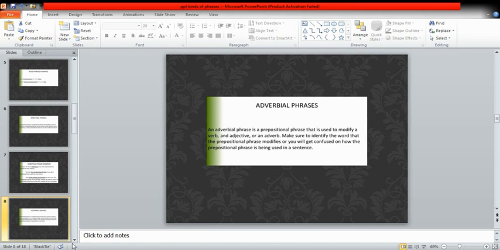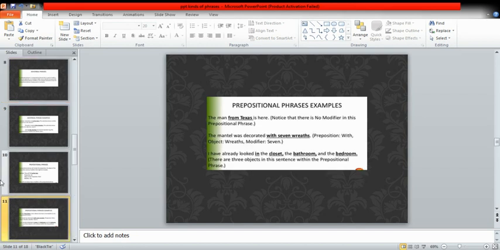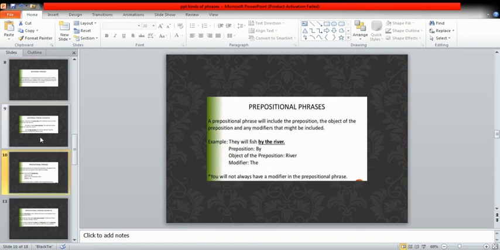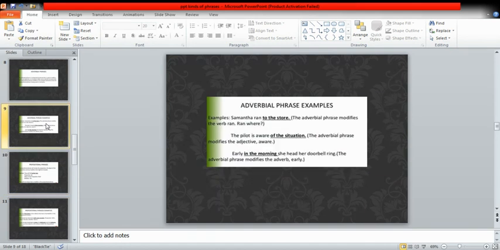We are going to see with the help of examples. Samantha ran to the store. Now, to the store is underlined and the phrase is answering, where did Samantha run? So, to the store is an adverb phrase.